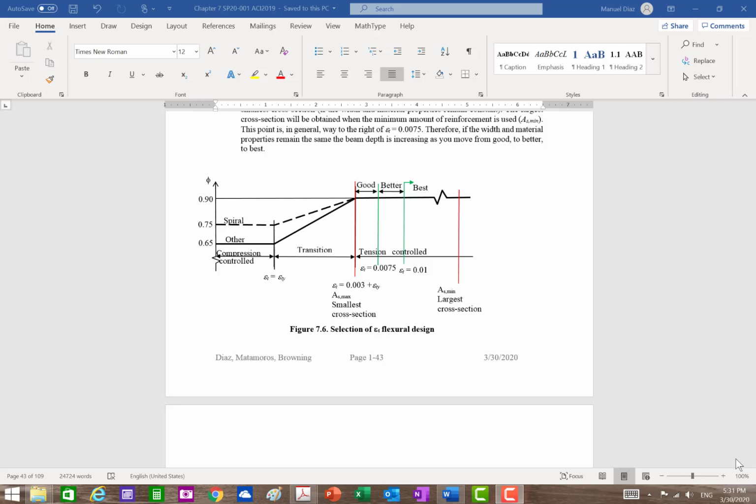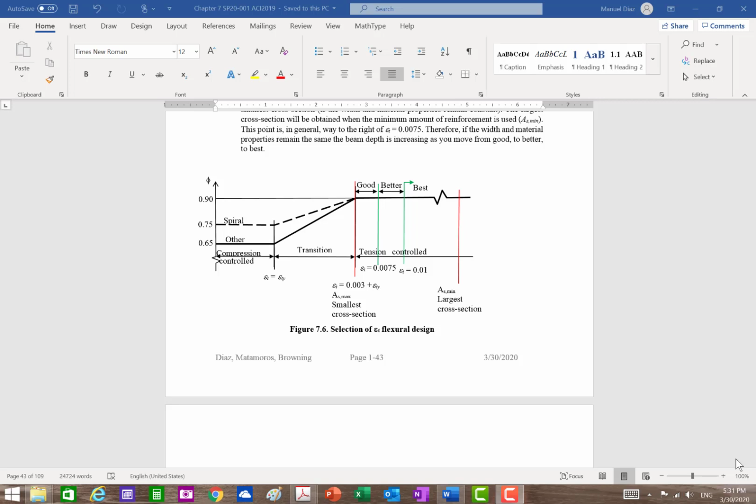The next example we're going to do today has to do with the minimum area of steel and the largest cross-section possible, and the maximum amount of steel and the smallest cross-section possible.